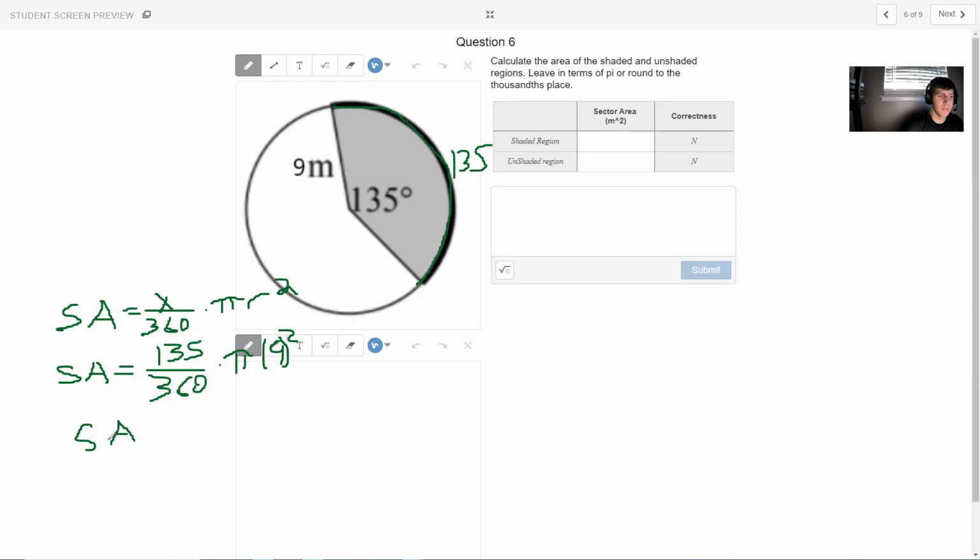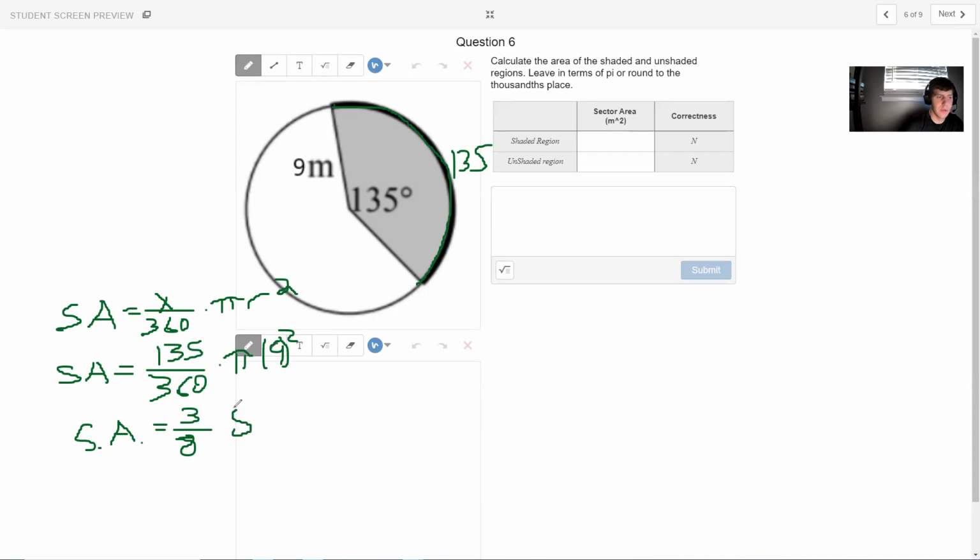So from right here, you can just put this in the calculator if you want. 135 over 360 is 3/8. 45 would go in 135 3 times, and 45 goes into 360 8 times.